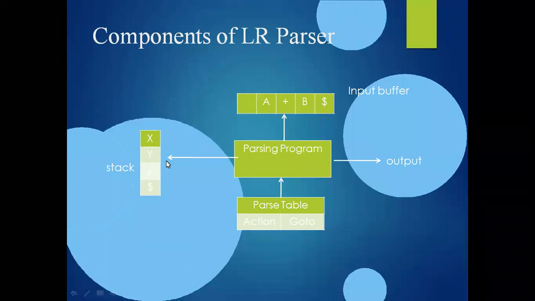A parsing table is comprised of two parts, namely action and goto. There is also one parsing program, which is actually a driving program and reads the input symbol one at a time from the input buffer.